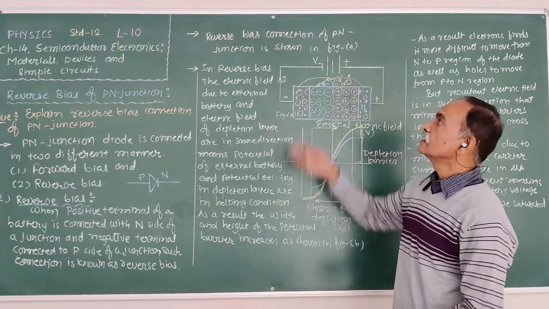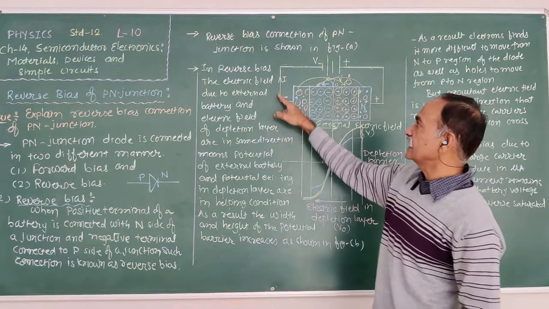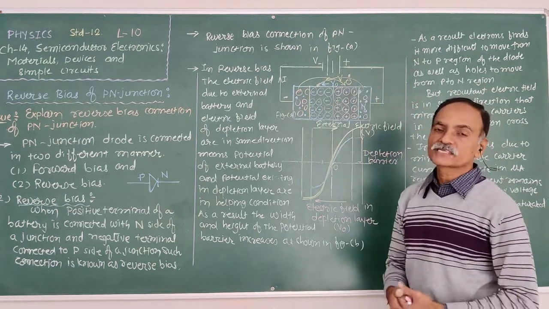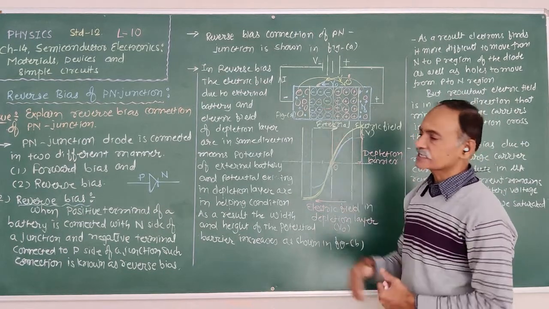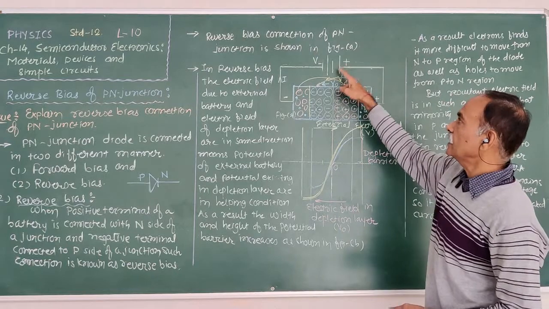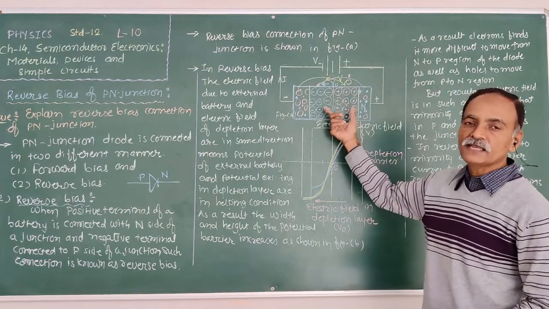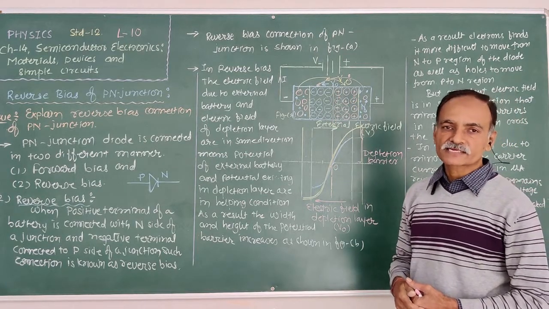Right? Reverse bias connection of the PN junction is shown in the figure. P is connected with the negative terminal of a battery, N is connected with the positive terminal of a battery. In reverse bias connection, the electric field due to the external battery and the electric field existing in the depletion layer are in the same direction.